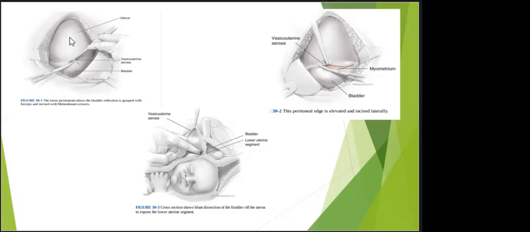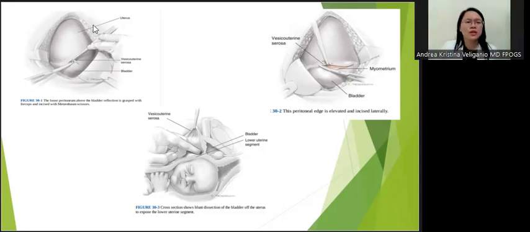So this is how a cesarean section is being done, whether you have done a transverse or a midline abdominal incision. This is what happens in the low segment transverse cesarean section. Lower segment of the uterus. Okay, lower segment of the uterus. You identify the bladder flap and you identify the lower uterine segment, and you have to separate the bladder.